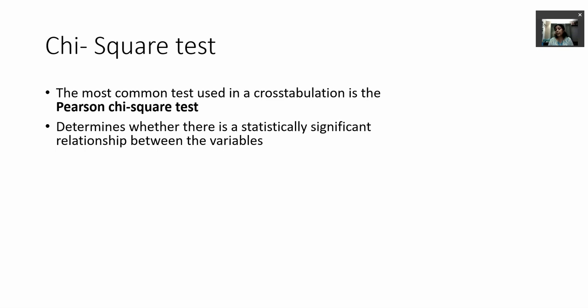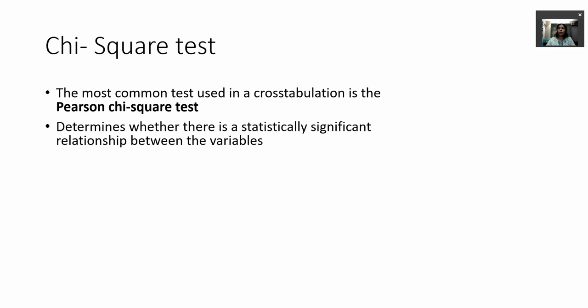Now, what does this chi-square test determine? It determines whether these two variables have a statistically significant relationship or not. That is what the chi-square test helps us prove, whether the relationship is significant or insignificant.